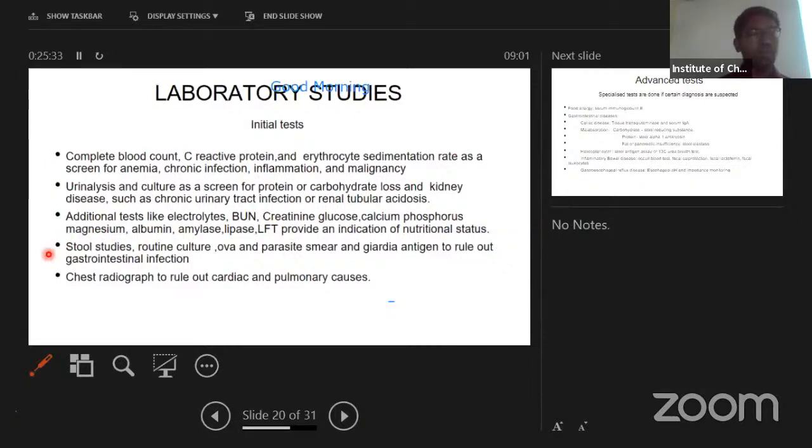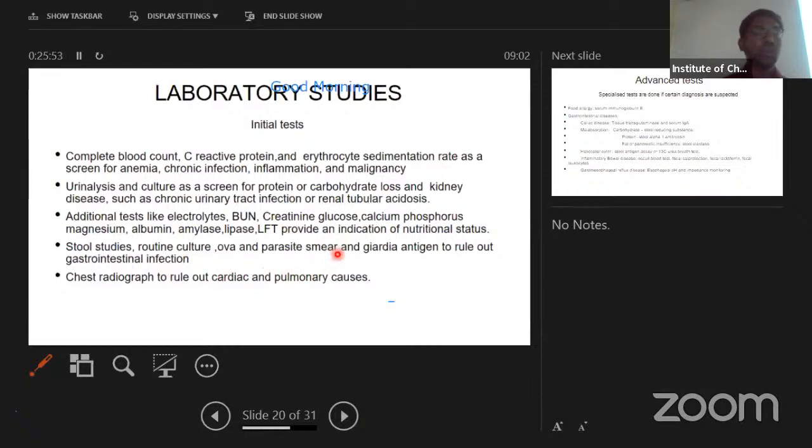If there is any gastrointestinal infection, we have to do the stool study, the routine culture, and the ova and parasites smear.